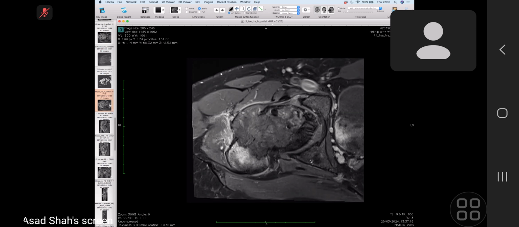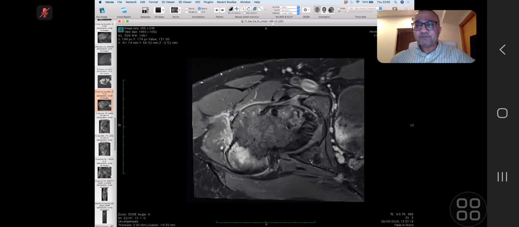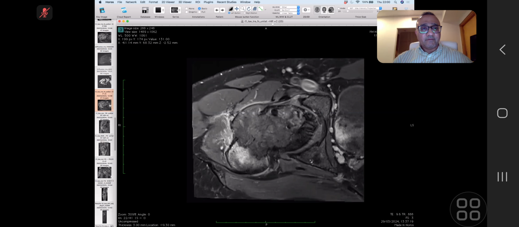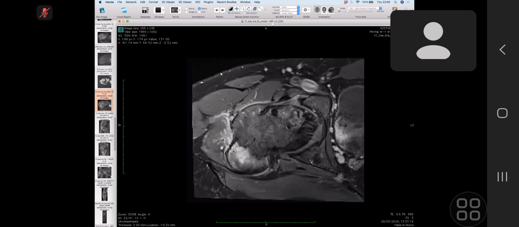Okay. All right. So what would be the next step? What will you do next? I think I would like to discuss the case with the orthopedician, compare with any previous radiographs, and inquire about any significant history the patient has, if that can help in further narrowing the differentials.